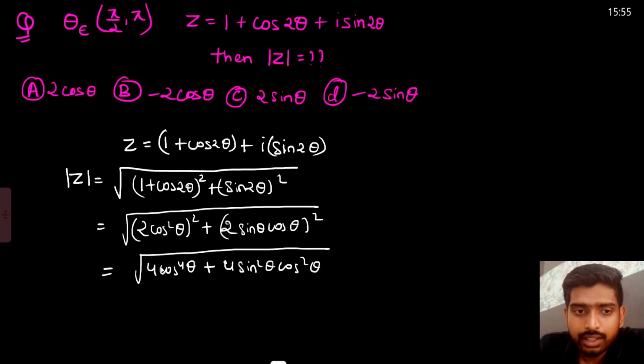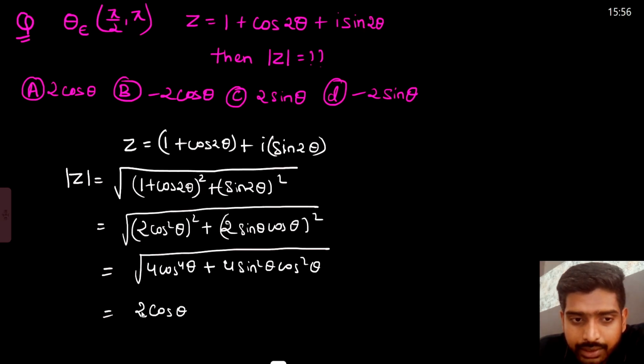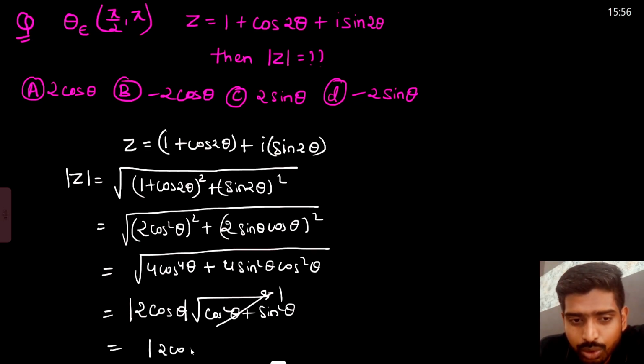Now I'll take 4 cos square theta common. So outside I'll get mod of 2 cos theta, and inside the root I'll get cos square theta plus sine square theta. This one is 1. So here I got the answer as mod of 2 cos theta.